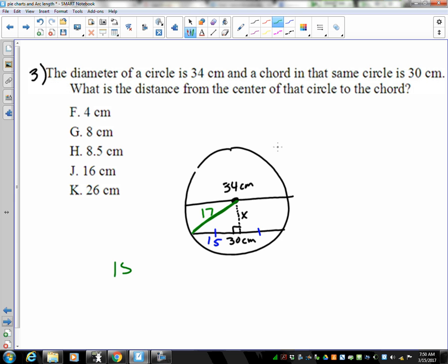So when you have a line from the center to a chord, if it's perpendicular, it bisects the chord. Now, if I use my Pythagorean theorem here, that's 225. 17 squared, I believe, is 289.